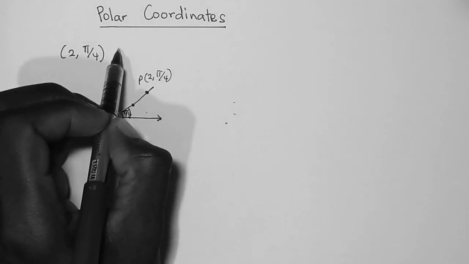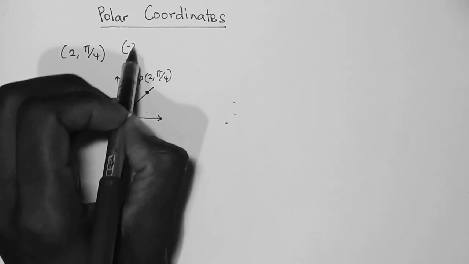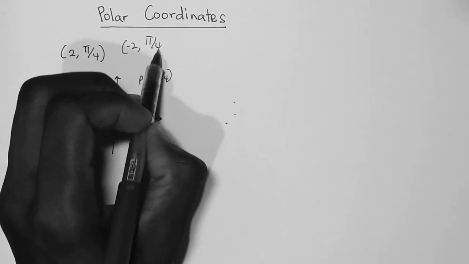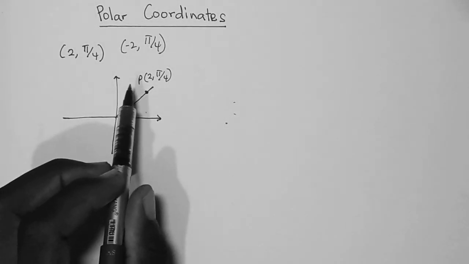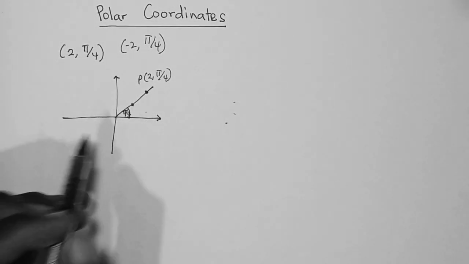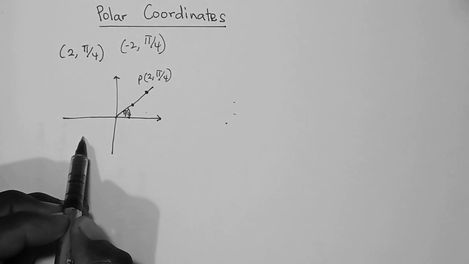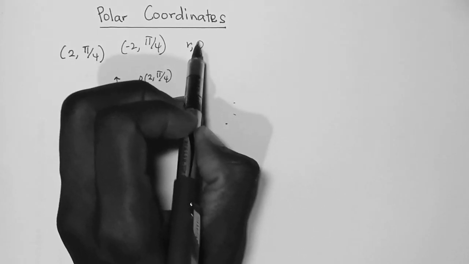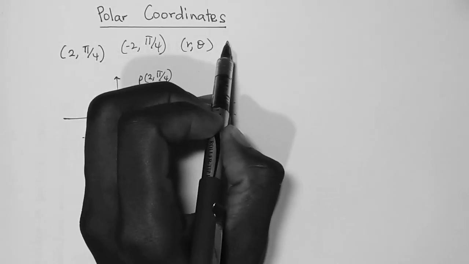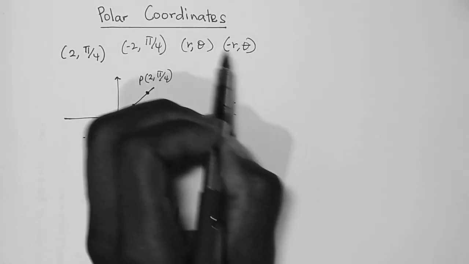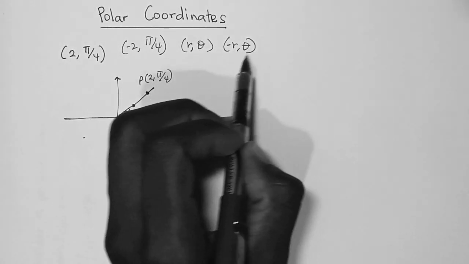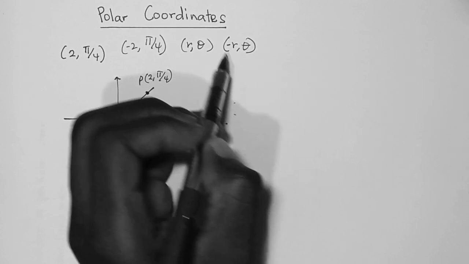What if we were given the point (-2, pi over 4)? So -2 is just the direct opposite of this, so that will be in this plane. Anytime you are given polar coordinates (r, theta) as (-r, theta), you can represent it by adding pi to theta.